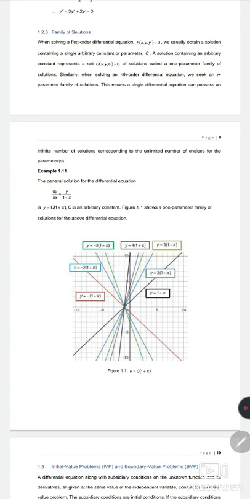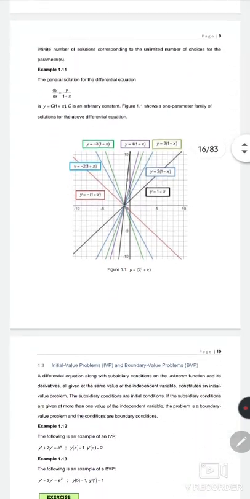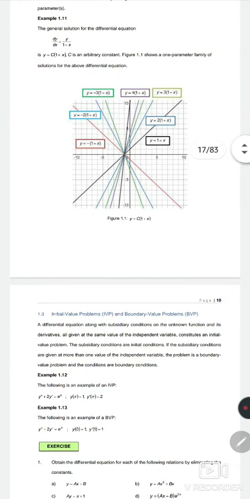Similarly, when solving an n-order differential equation, we seek an n-parameter family of solutions. This means a single differential equation can possess an infinite number of solutions corresponding to the unlimited number of choice for the parameters. Okay, nak lebih faham apa maksud family of solution, okay, kita tengok example 1.11.